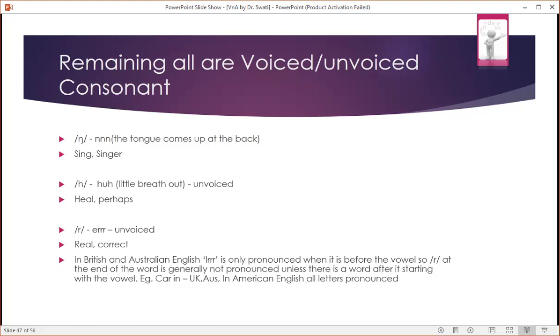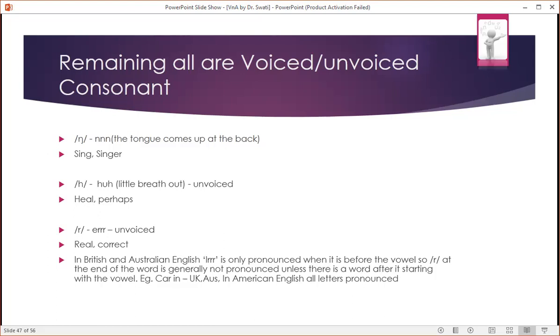If we talk about the UK and Australia, with the word car, they will not pronounce the final R, they say it like that. But in America, they will pronounce all the letters.